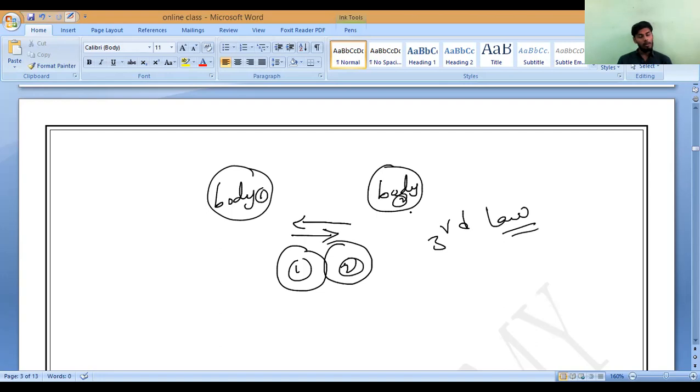Remember, this is called the first body and this is called the second body. The force exerted by the first body on the second body is called action. Once the first body exerts a force on the second body, the second body also exerts an equal force in the opposite direction.